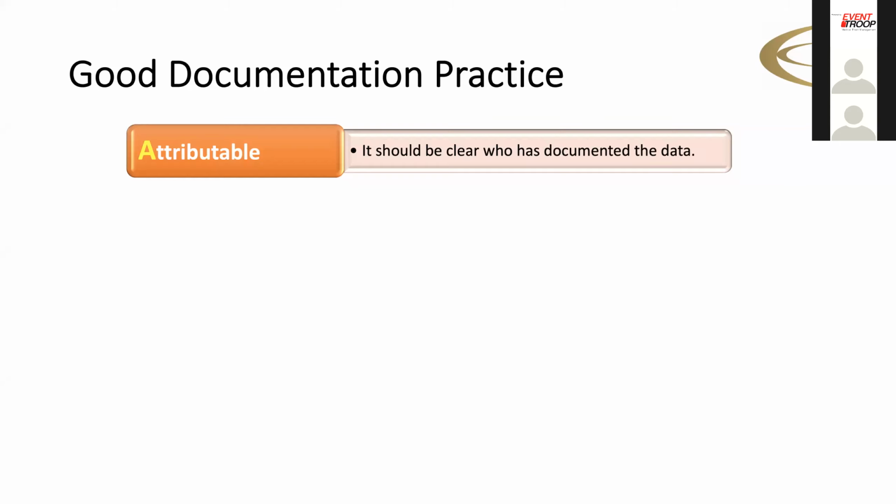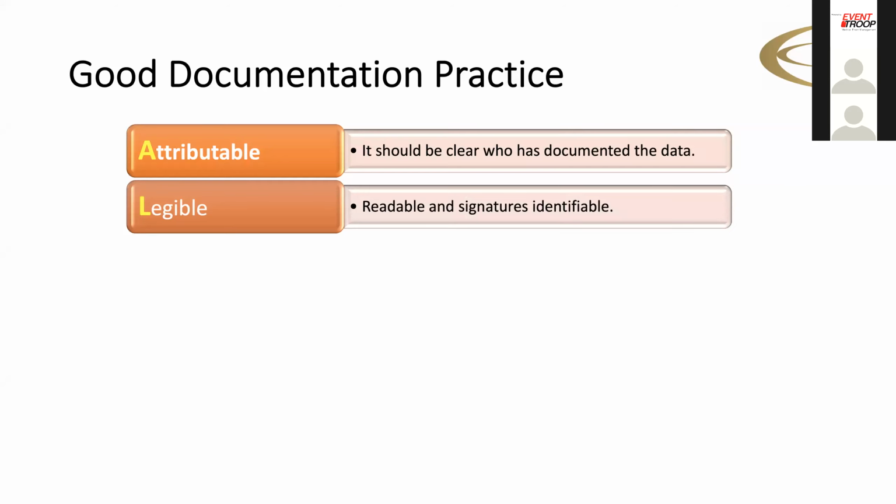This documentation should then be initialed or signed by who did this. So that is called attributability. So all data should be attributable. It should be legible. That means it should be readable and signatures identified. As we all know, our doctors' writing is kind of pretty messy, but in clinical research, we have to have nice, neat writing which can be read.